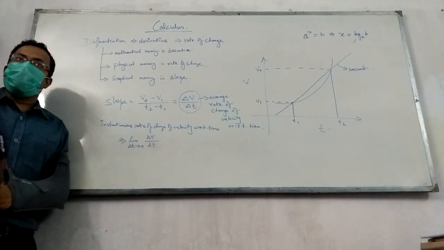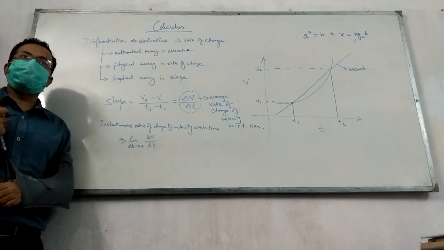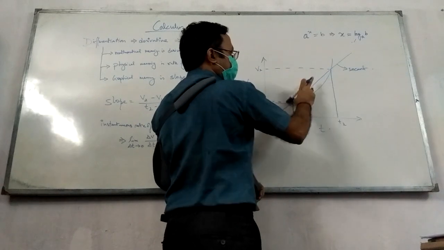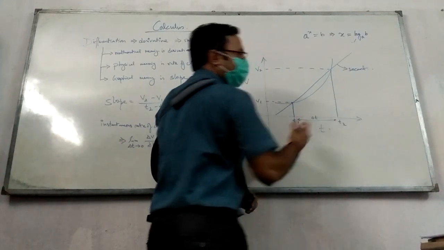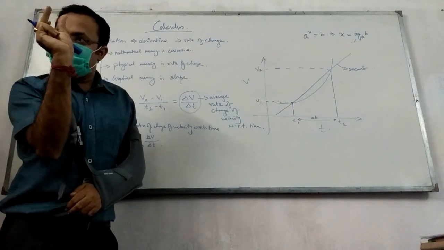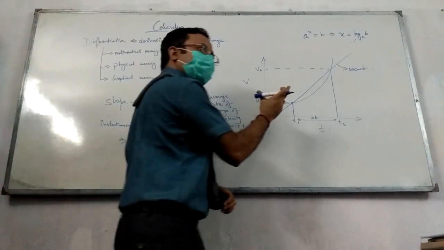What is meant by this? See over here, delta t was measurable. Now we are decreasing delta t, making it small.